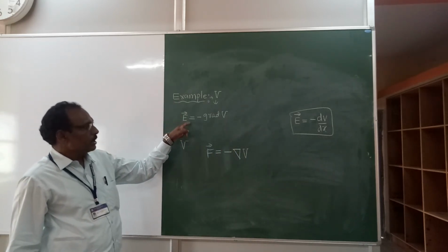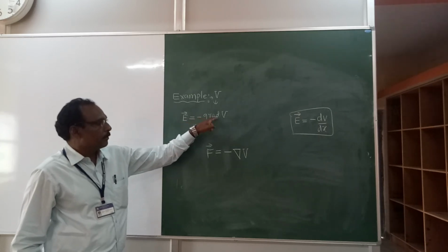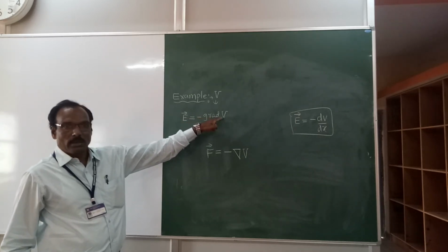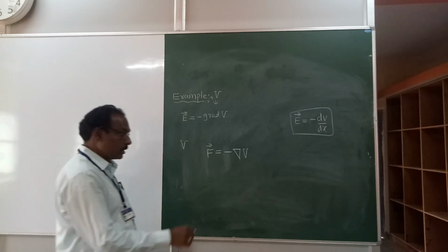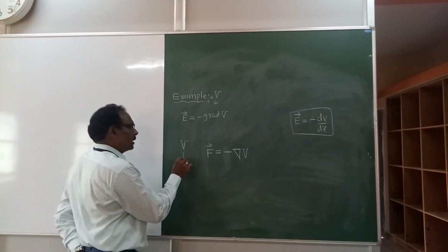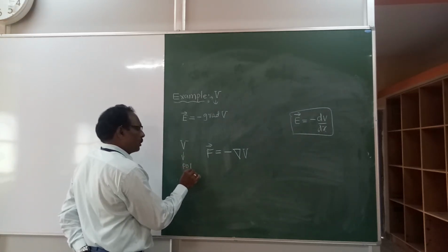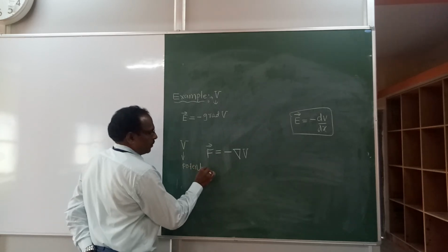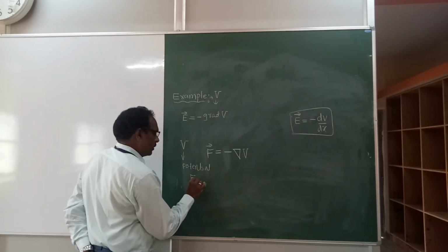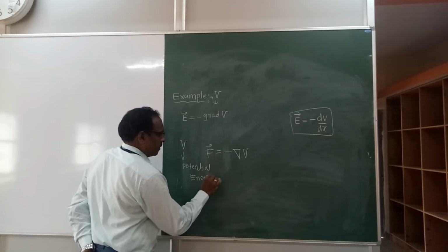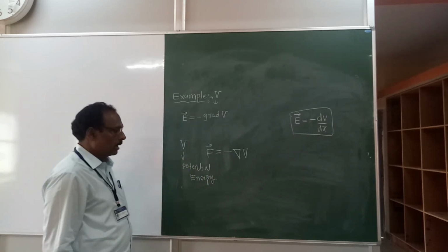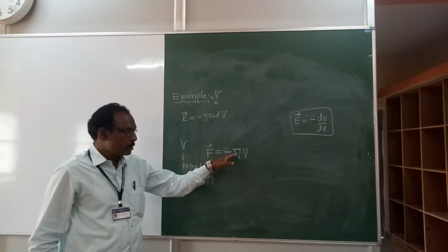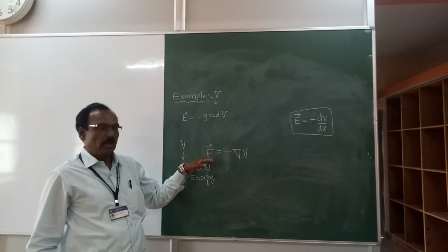I have written here E is equal to minus gradient of V. Here it is electric potential. Here this is the potential energy. I can write this potential energy as a force.